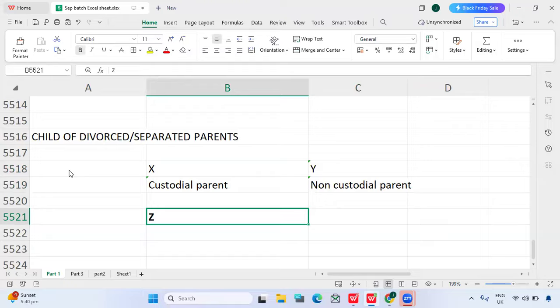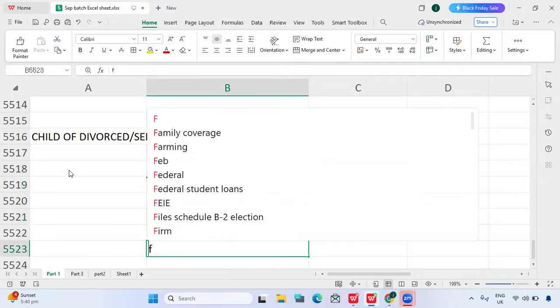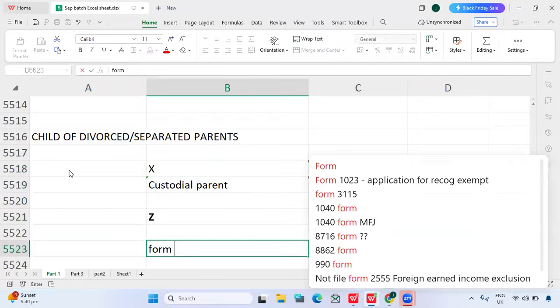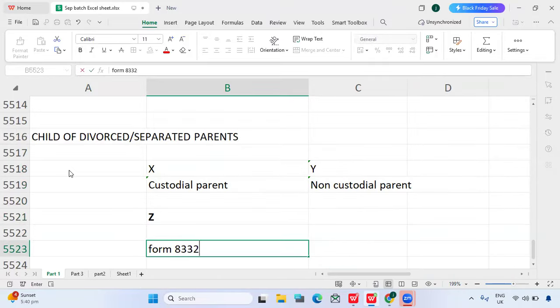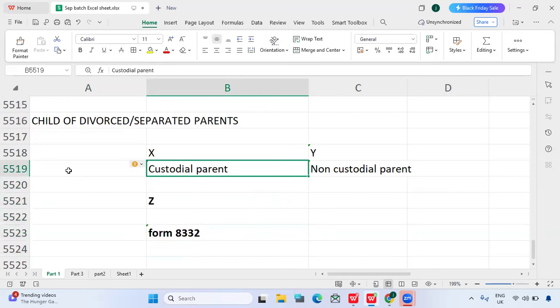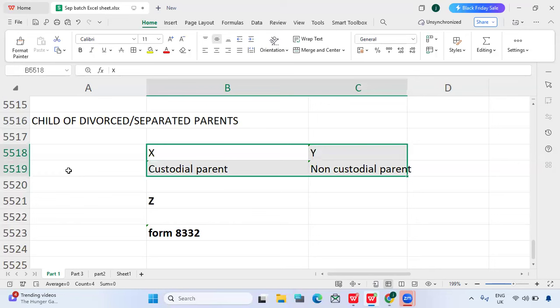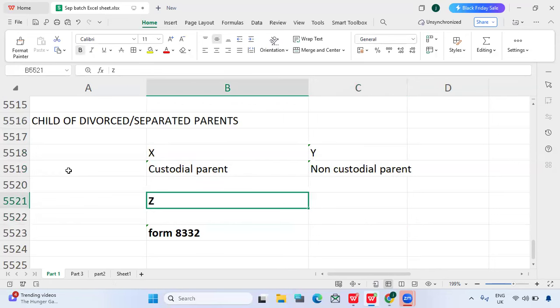But they have to sign one form. The custodial parent should release the claim and needs to file one form, which is Form 8332. Anyone remember this form? Form 8332. We saw this in Unit 2, in the previous session, with the custodial parent. So the custodial parent should release the claim, and then Y can claim Z as a dependent.